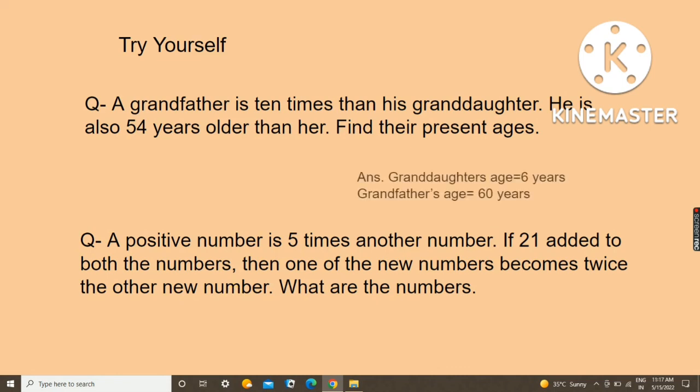For your convenience, I am also providing you the answers. You can check them after solving them. Granddaughter's age is equal to 6 years and grandfather's age is 60 years. And here the numbers are 7 and 35.